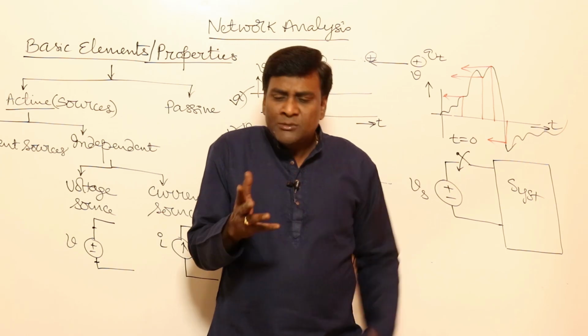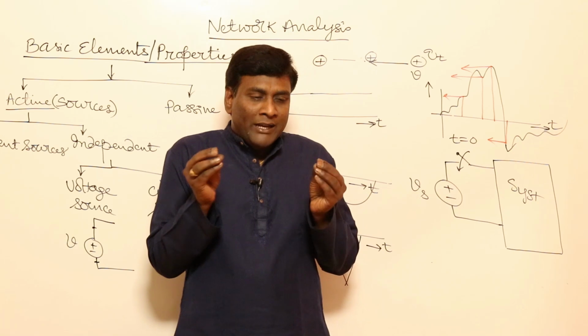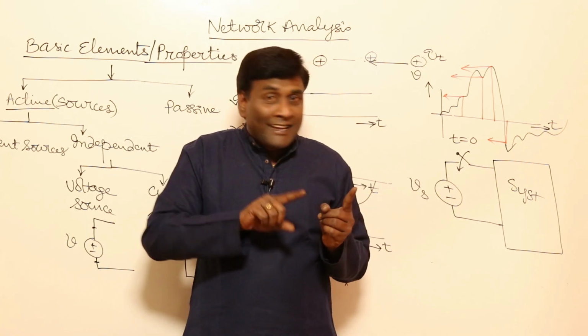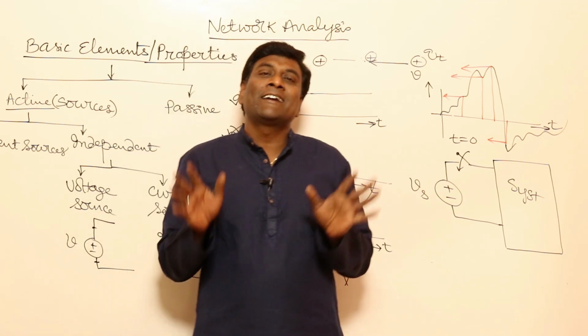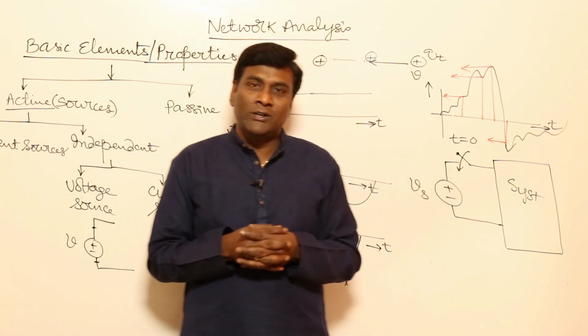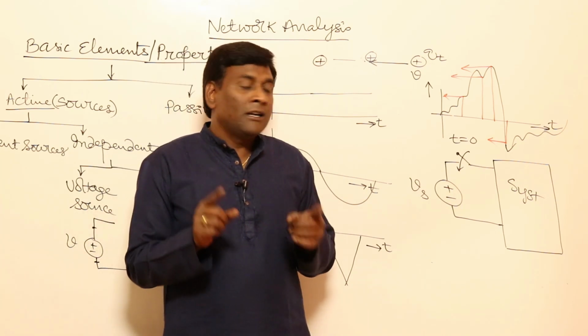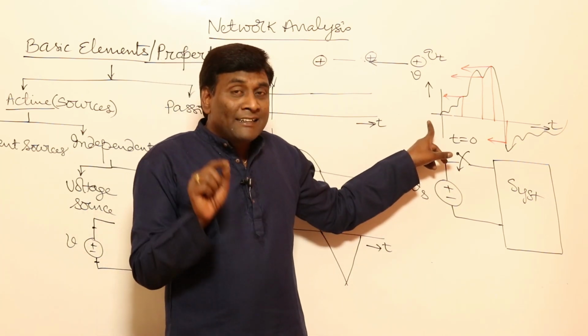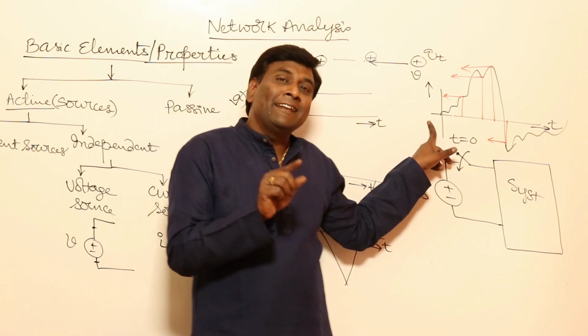Random signal means we don't know what the value is going to be at the next instant. So my conclusion is random signal cannot become a source waveform, and a source waveform cannot contain any information. You have to make a note of it. Please make a note of it.